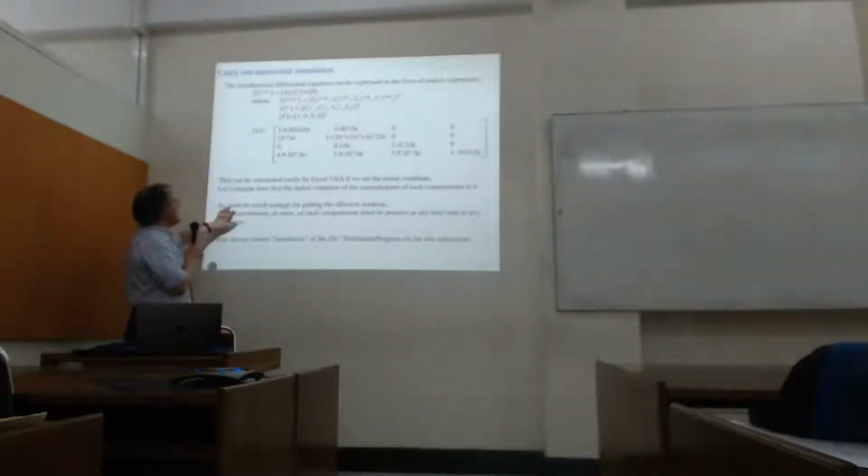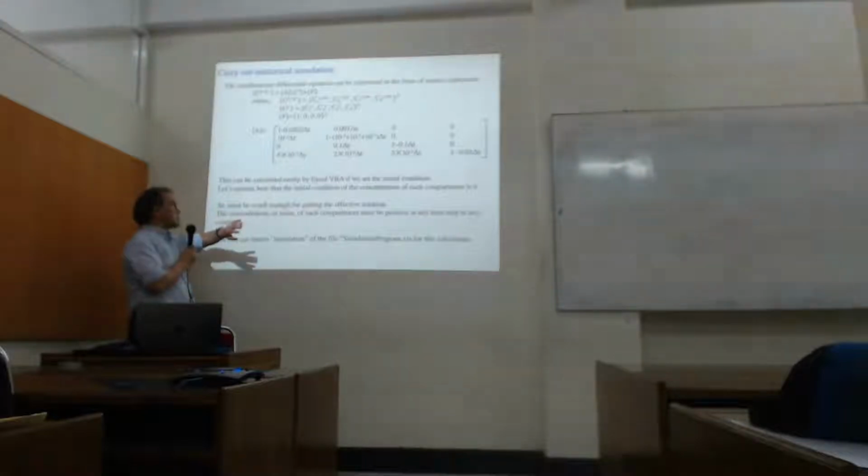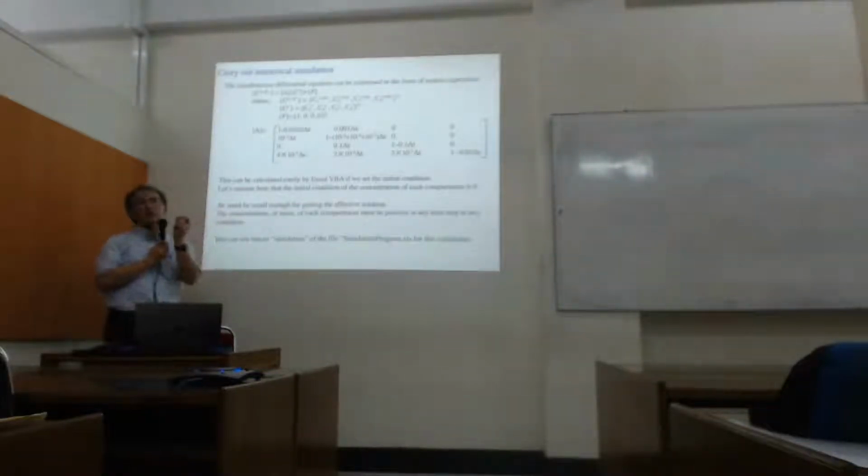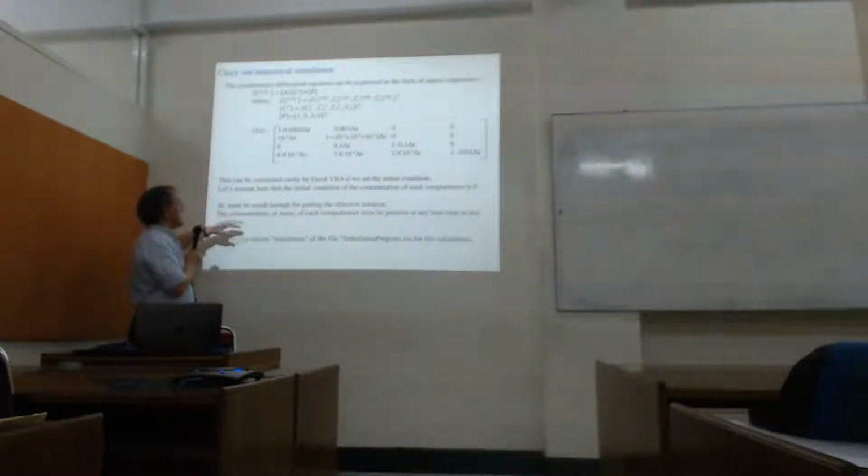And delta T must be small enough to get an effective solution. The concentration or mass of each compartment must be valid at any time step in any condition. Delta T should be small, but sometimes to save computer time we use a rather big value for delta T. But we need to fulfill these conditions.